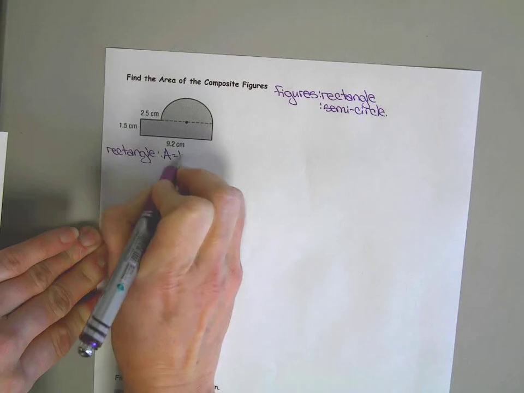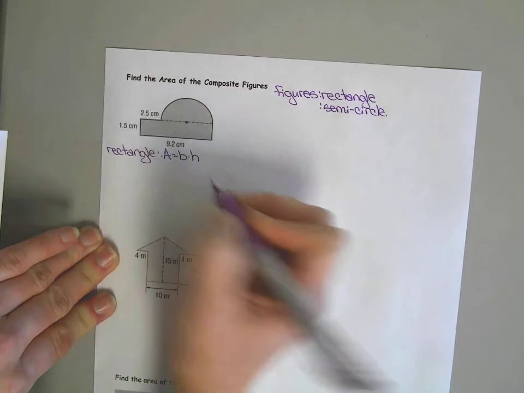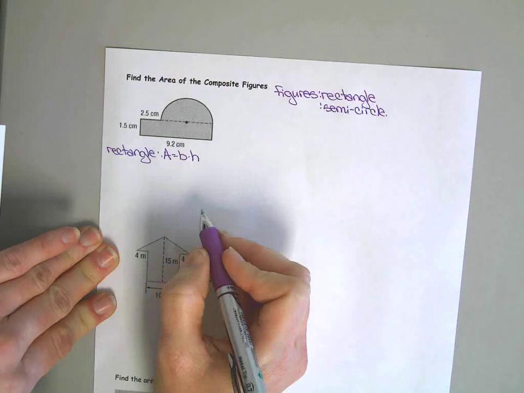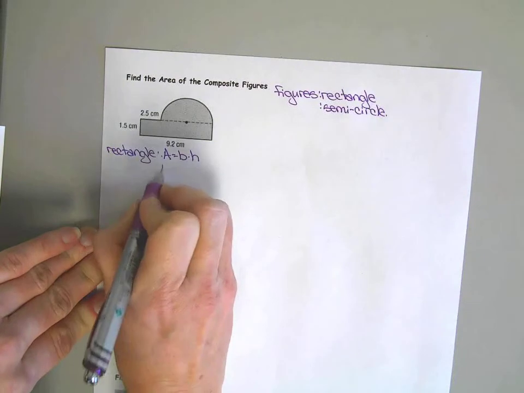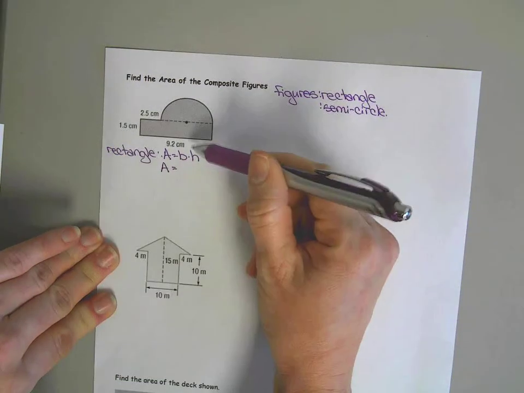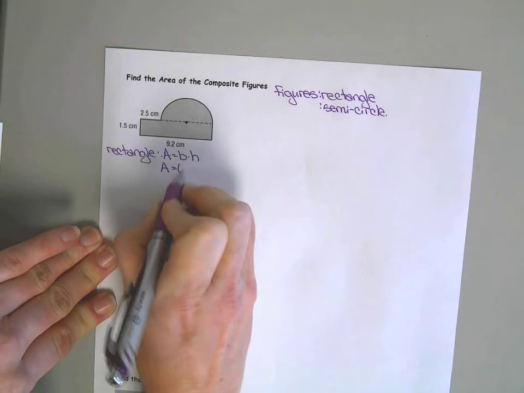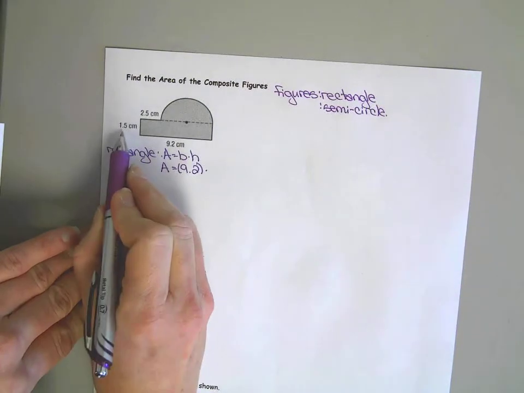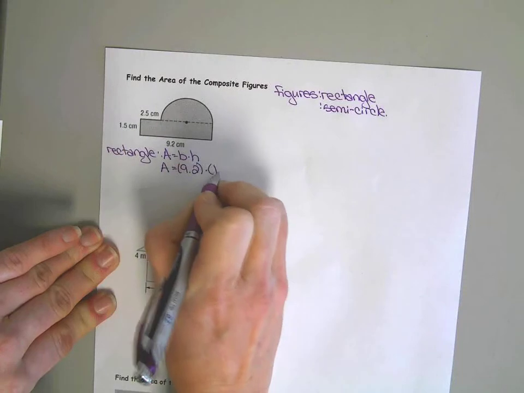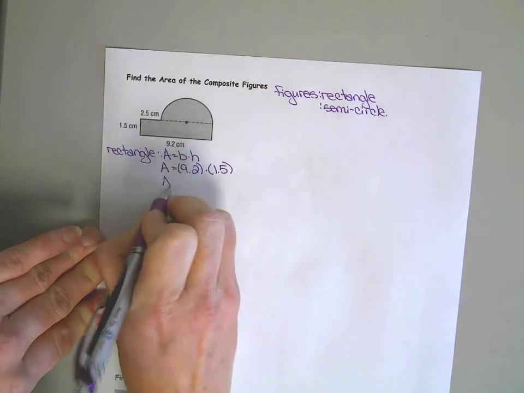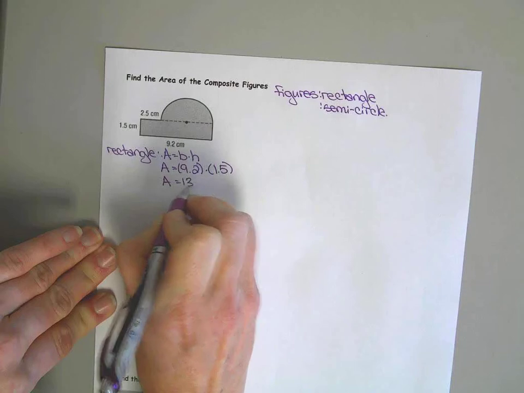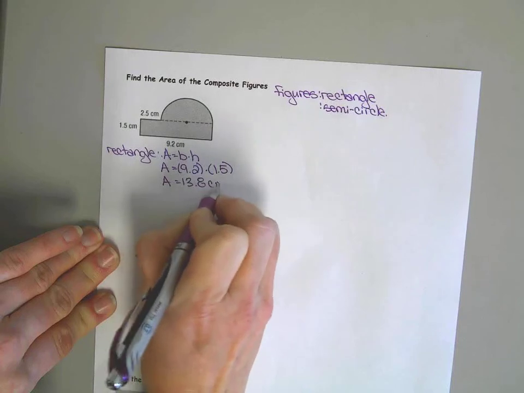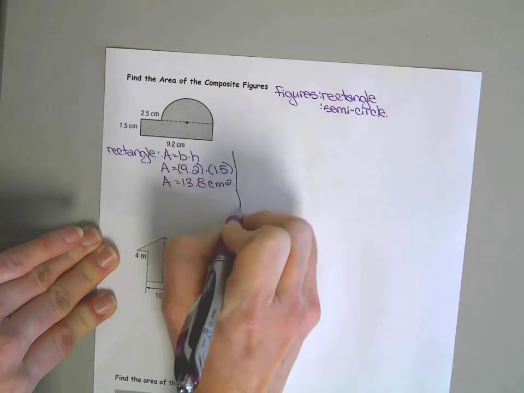Area equals base times height. And we can plug in the numbers provided. Area equals the base, which is 9.2, times our height, which is 1.5. And that should give us 13.8 centimeters squared.